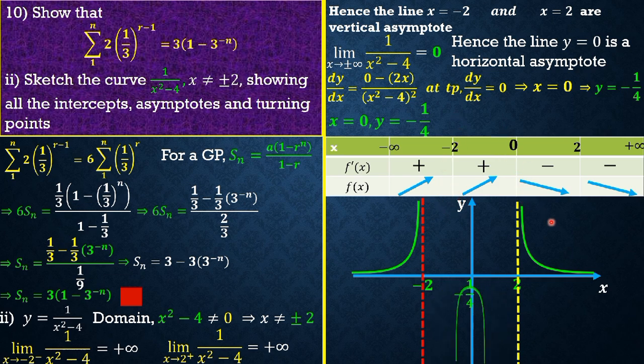It respects its asymptotes, increasing from -2 to 0 but decreasing from 0 to x equal to 2. So guys, this is the curve that we were asked to sketch. We can label this as the graph of y equal to 1 over x squared minus 4.